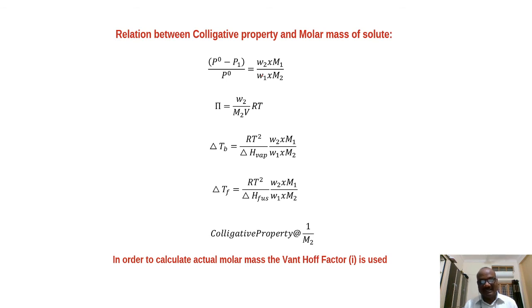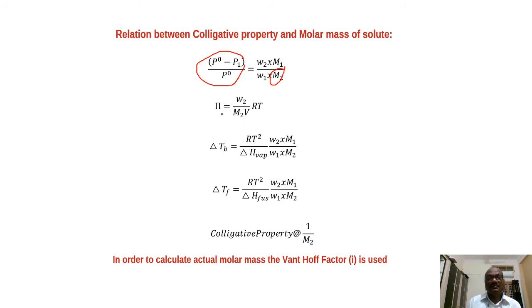These formulas give us a relationship between the specified colligative property and the molar mass of the solute. You see the RLVP: (P0 minus P1) divided by P0 is equal to W2 M1 divided by W1 M2. This M2 is the molecular mass of the solute. This is the colligative property, the RLVP.